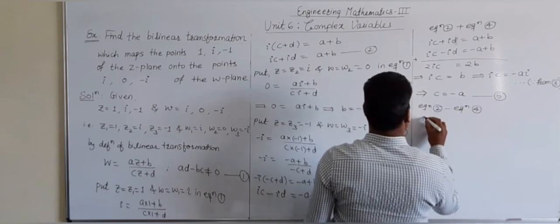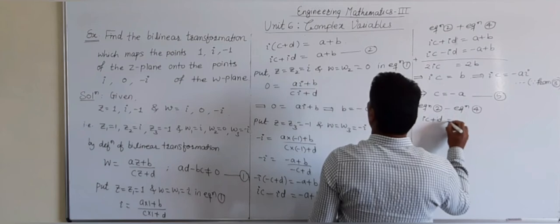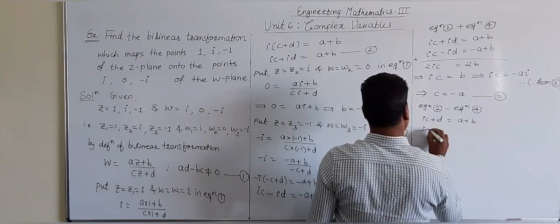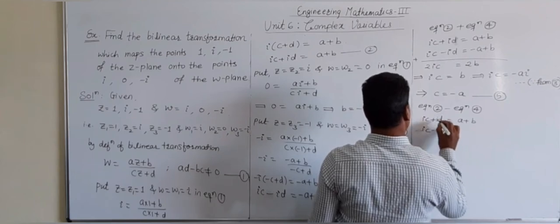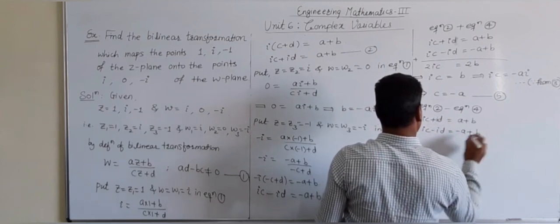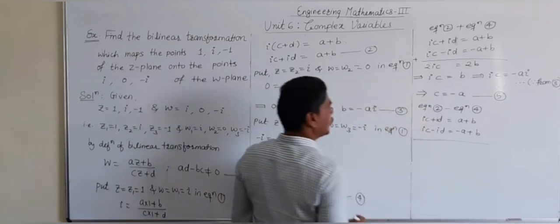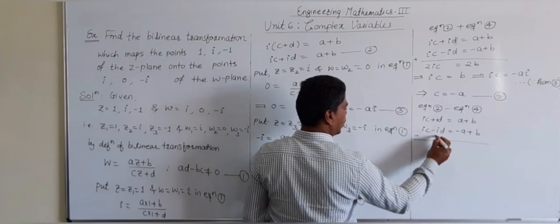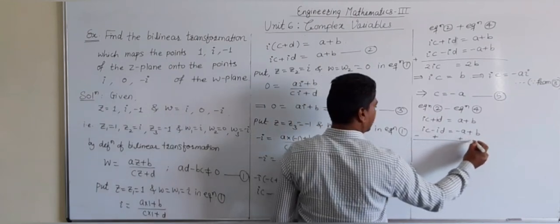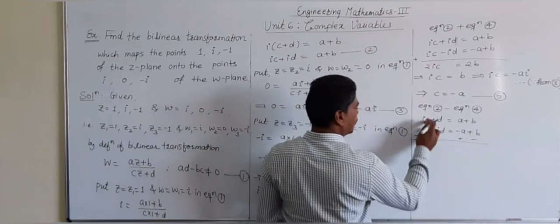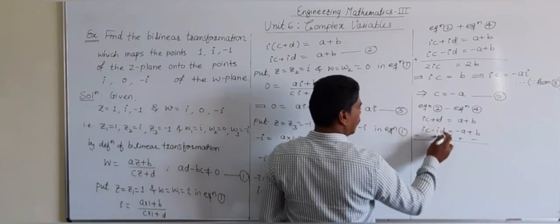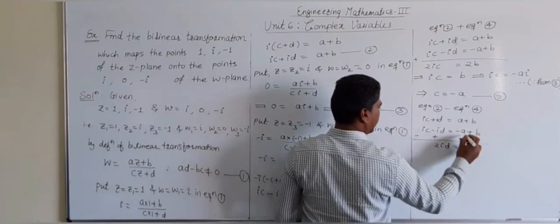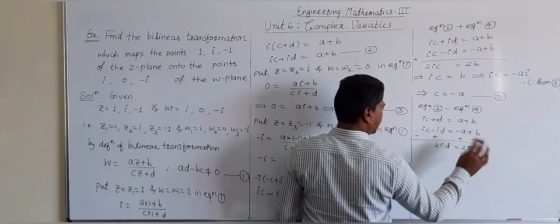So we get iC plus iD is equal to A plus B. Then iC minus iD is equal to minus A plus B. After taking subtraction of these two equations, there will be a minus sign, this minus becomes plus, this minus becomes plus, this plus becomes minus. So this iC minus iC will get cancelled. Now the remaining term is iD plus iD becomes 2iD. This plus A becomes 2A, plus B minus B becomes 0.